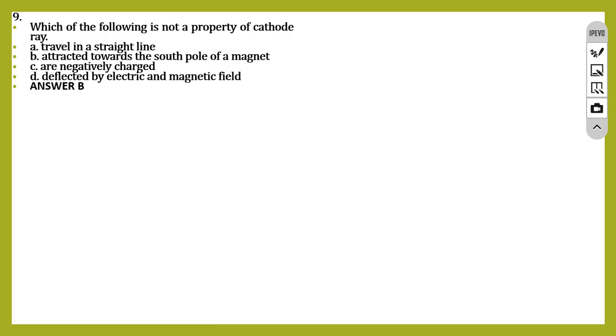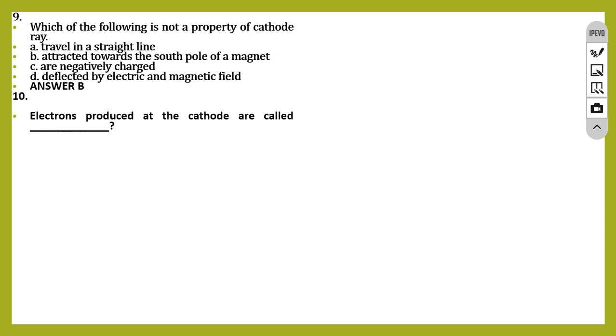The correct option is B. Attracted towards the south pole of a magnet. They are not attracted towards the south pole of a magnet, but rather attracted towards the north pole.